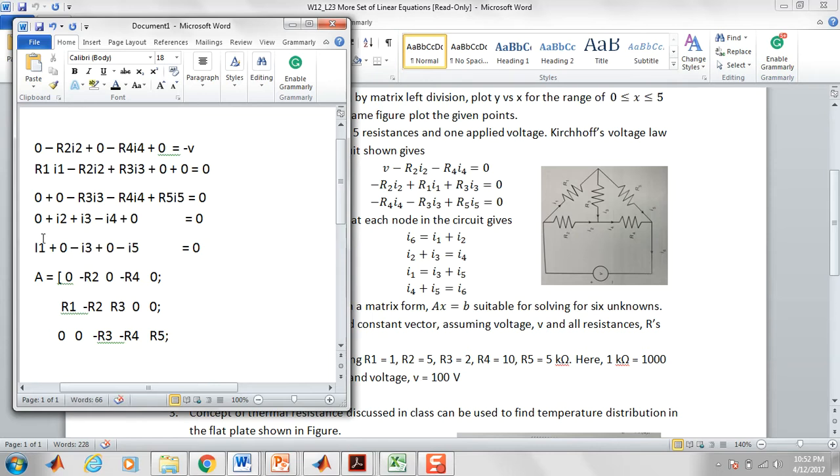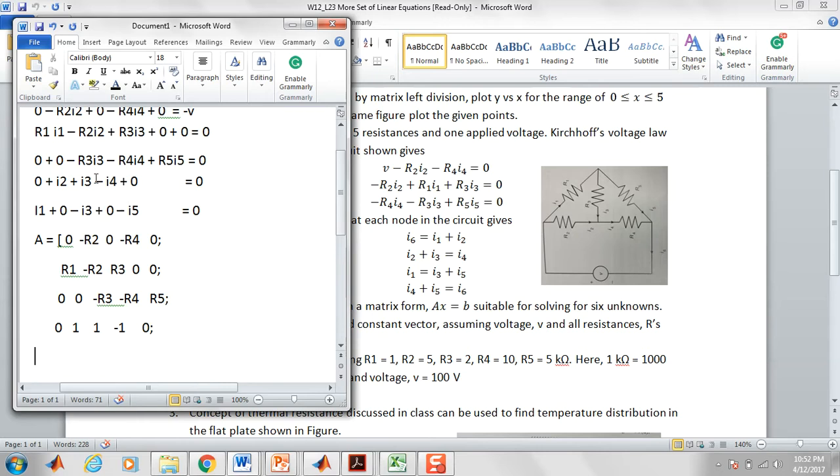which is first one here, I1 is 0, and for I2 the coefficient of I2 is nothing but 1, the coefficient of I3 is nothing but 1, and coefficient of I4 is nothing but -1, and coefficient of I5 is 0. So these are my 1, 2, 3, 4 from the fourth equation, and then from the fifth equation I have I1.